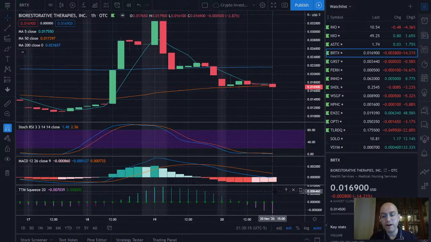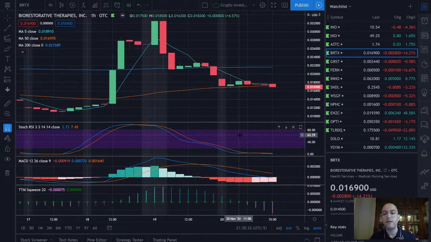So I keep a very close eye on these to ensure that a reversal pattern has kicked in. Of course, after checking the stochastic RSI.